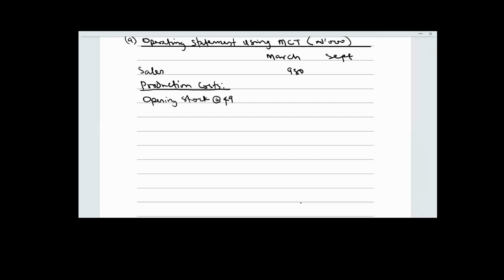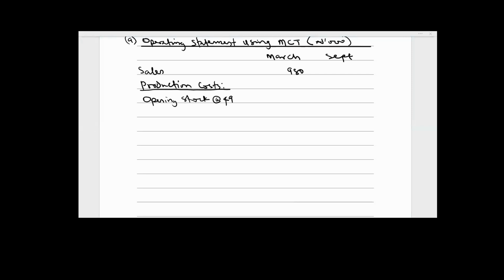So I will then go to the period ending March. What is the actual unit produced? 8,500 units were produced for the period ending March. But we want to determine opening stock first.